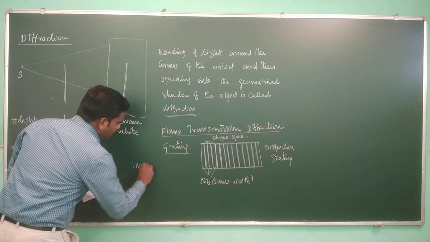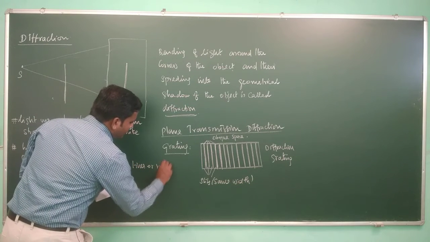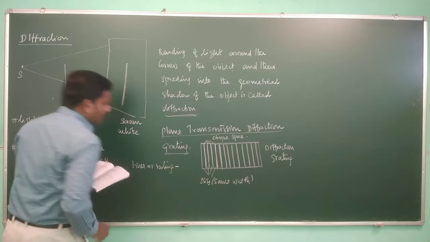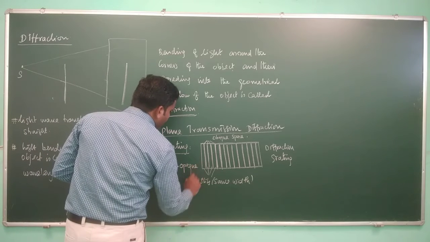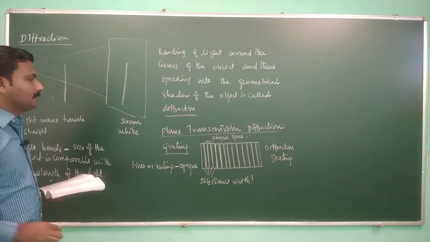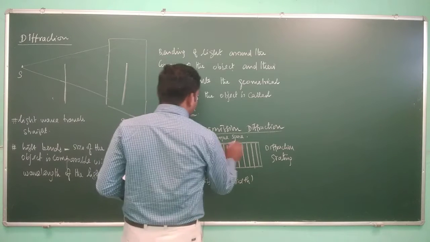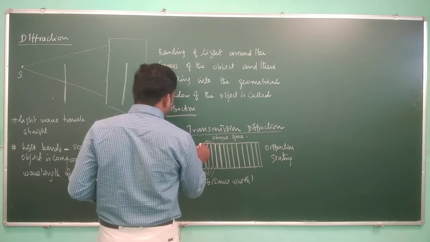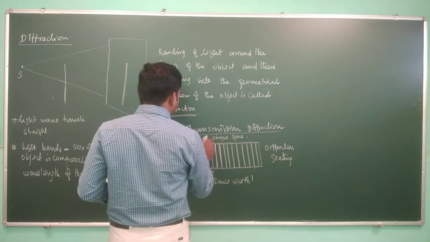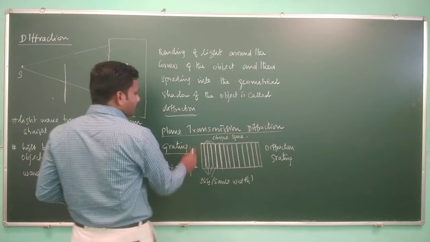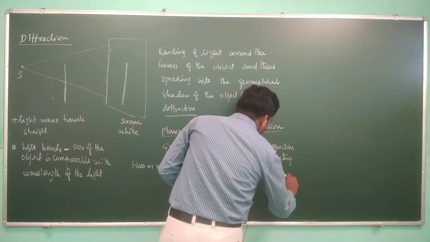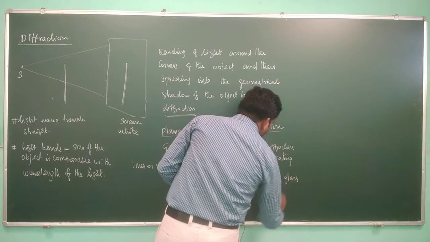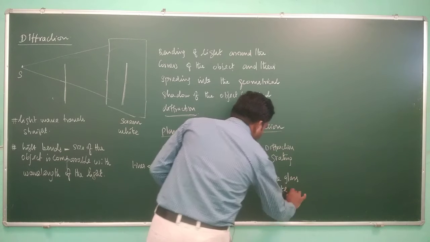These lines or rulings will serve as the opaque part of this grating, right? The entire piece of material is nothing but a plain glass plate, not a mirror.